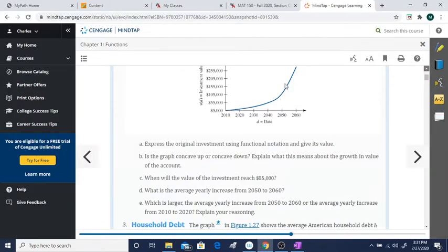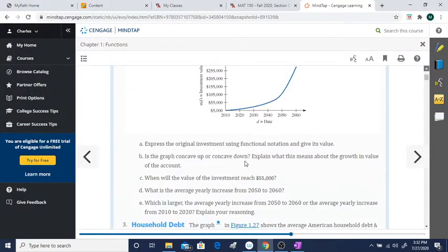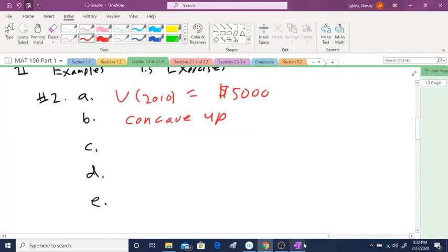It's kind of going upward like this. Okay. Is it going up or down? Well, it's obviously in this case, it's a concave up. When will it reach 55,000? Well, if I look at 55,000, I go right here. Roughly, it looks like to me it's 2040.